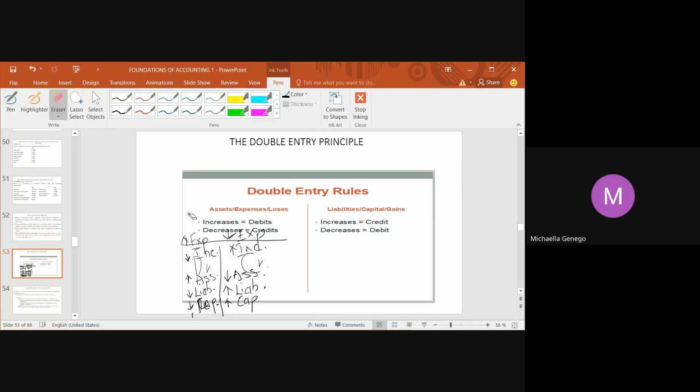So when an asset is acquired, the asset account will be debited. So usually for T accounts, we have two accounts. For every transaction, as I said, there should be a debit entry and there should be a credit entry.